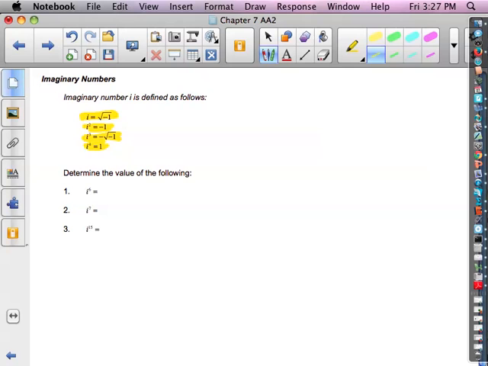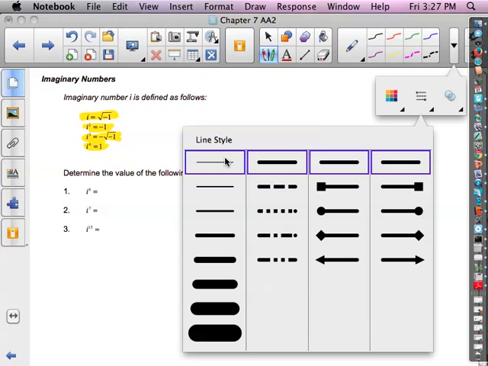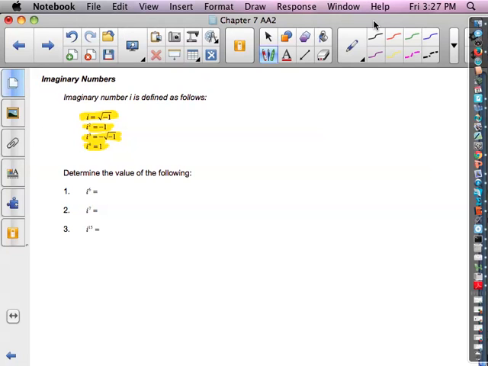So when we look at these values of i, you have to just ask yourself, how many times does 4 go into 6 and what's the remainder? Because this will repeat, so that i to the fifth is the same as i, i to the sixth is the same as i squared, i to the seventh is the same as i to the third, i to the eighth is the same as i to the fourth.